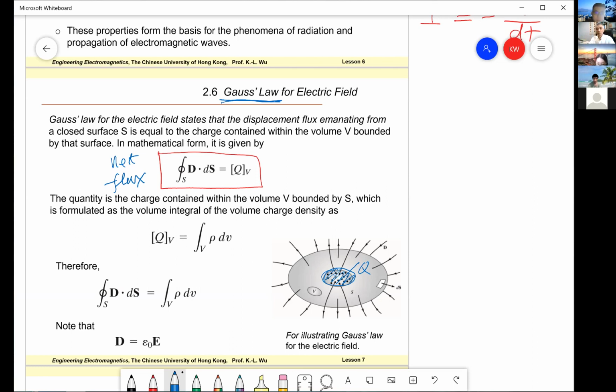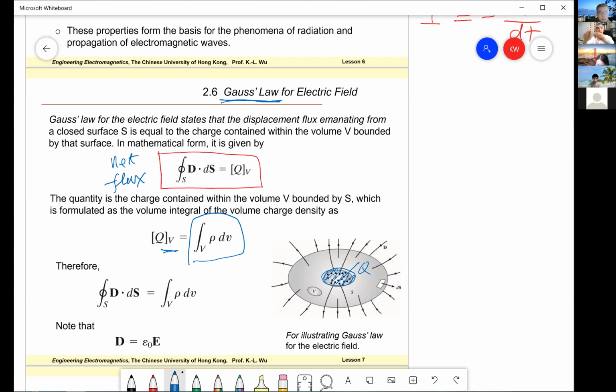If the charge is distributed over a certain volume, surface, or a line with a certain density function, then we need to do the integration to find the total charge, right? If we know the volume distribution of a charge, we do the volume integration to get the total charge.